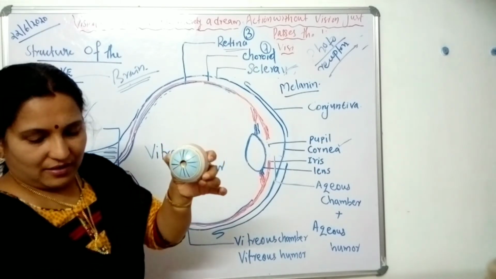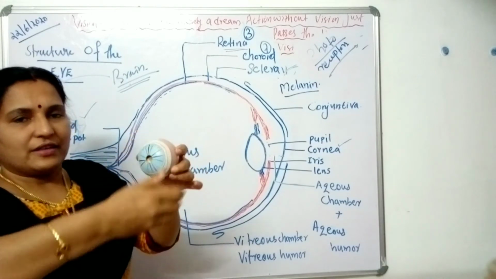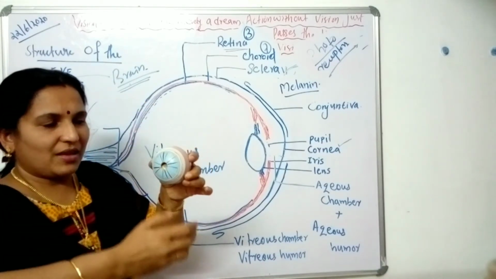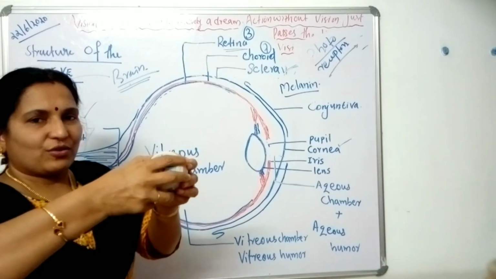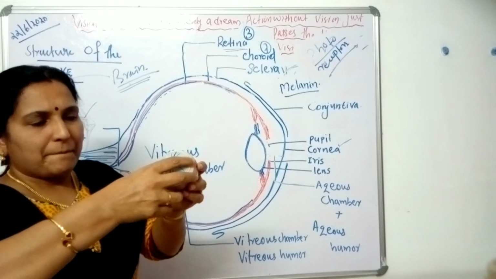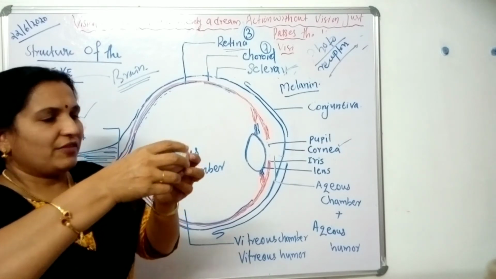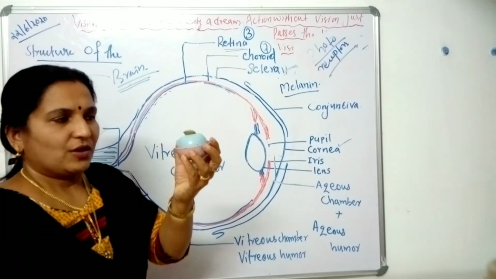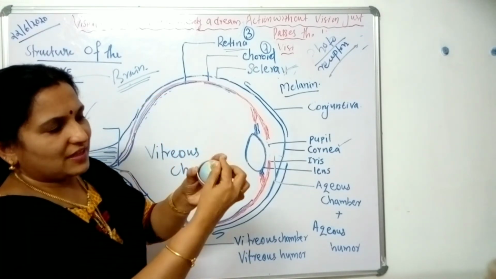Then, when we take the cross section and remove the choroid, behind this pupil we can see the lens. This is the lens.